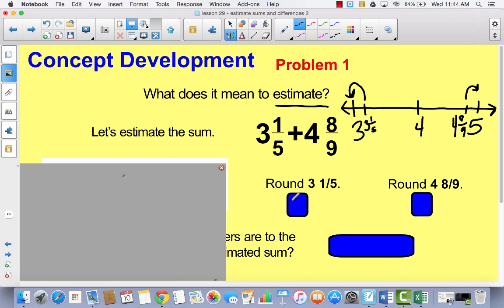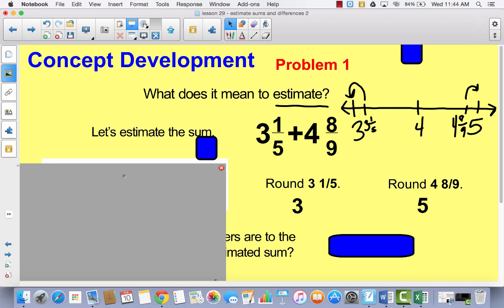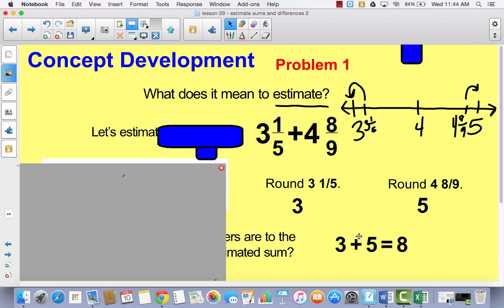I can round 3 1/5 to 3. I can round 4 8/9 to 5. Now I want you to write this number sentence in your math journal. 3 plus 5 equals 8. Okay, so we estimated 3 1/5 plus 4 8/9 is 8.